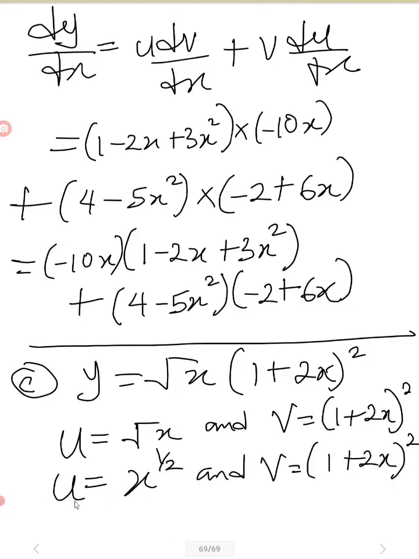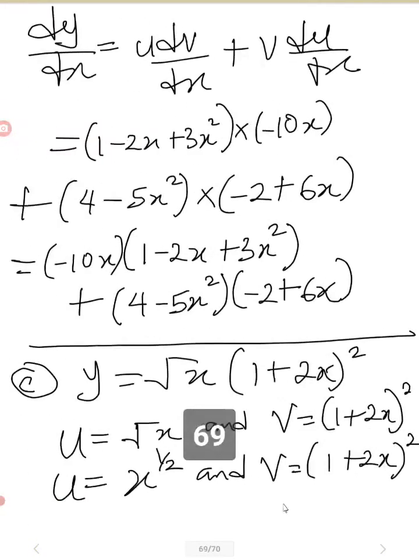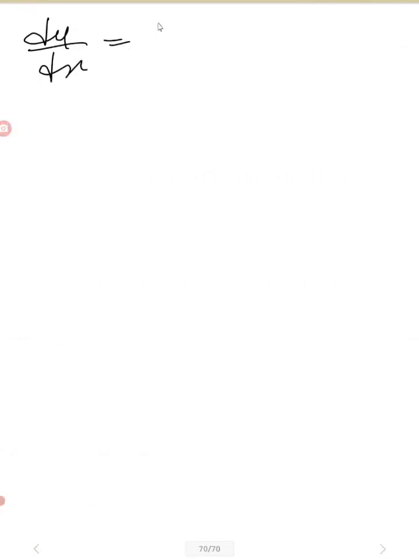Now, let's differentiate u with respect to x. Because you have to explain stage by stage, du/dx will be half times x raised to half minus 1, which is 1 over 2 times x to the minus half.